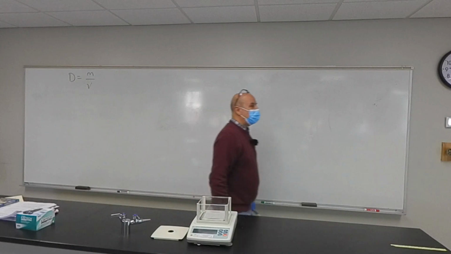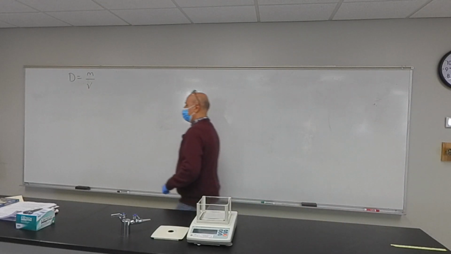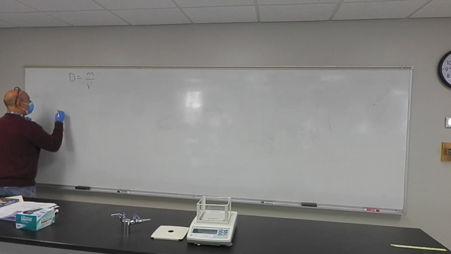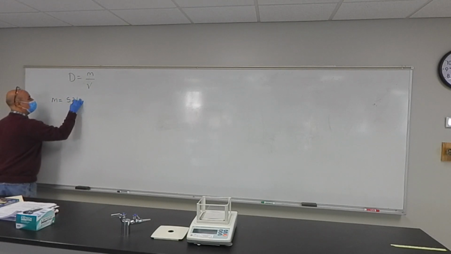So we have a problem in which we are told that you have a gold nugget with a mass of 521 grams. And we're not given the volume, we're asked the volume to be calculated by displacement. So they have the mass of the gold nugget is 521 grams.